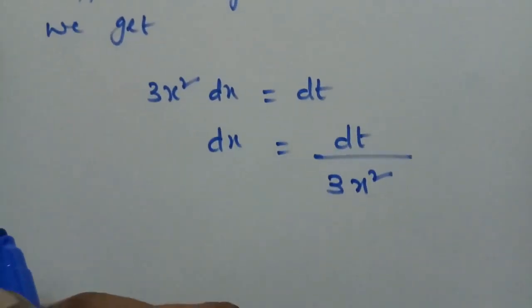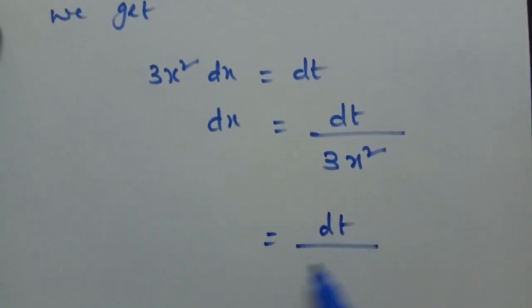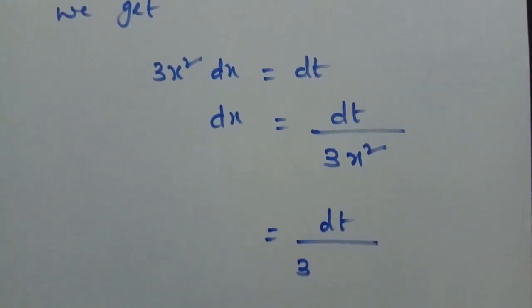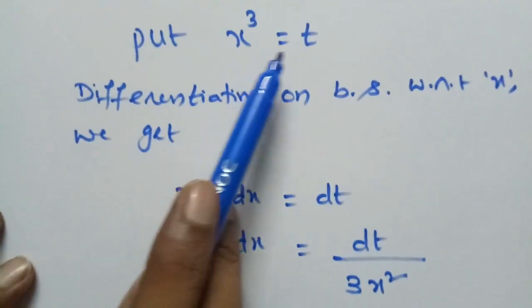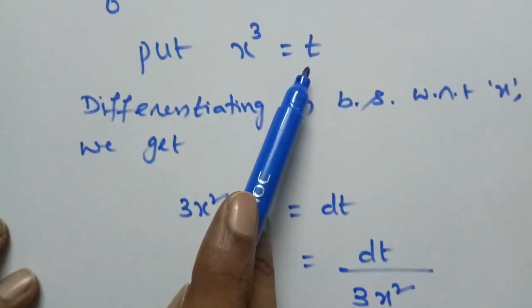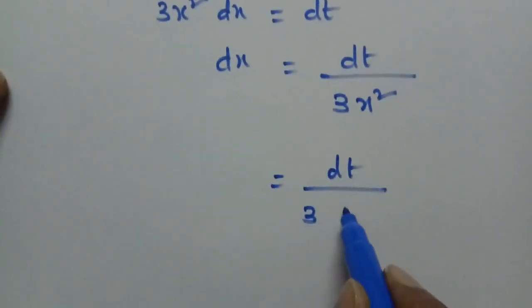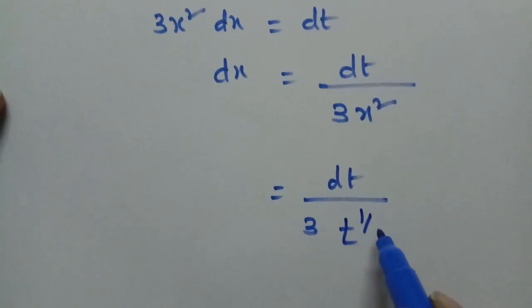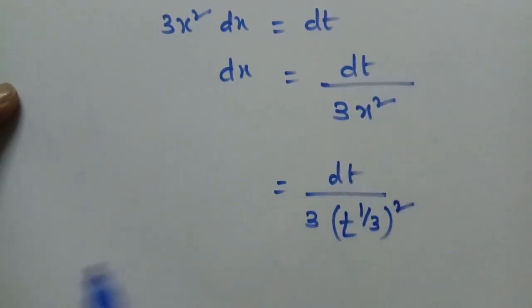Therefore, this is equal to dt by 3 into x square. But here x cube is equal to t. Therefore, x is equal to t to the power of 1 by 3, and x square is t to the power of 1 by 3 whole square.